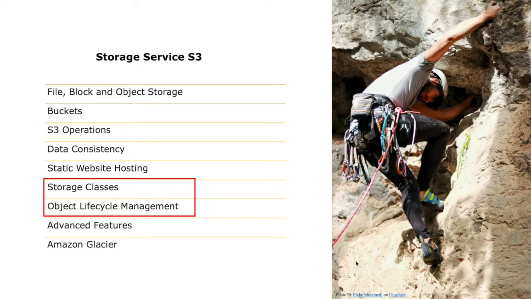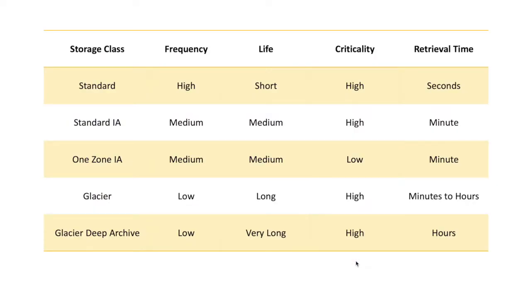So first thing, let's try to find out what those parameters are, or what those parameters could possibly be. So they thought, first is frequency. Frequency determines how often you want to access your data. Life tells you how long lived your data should stay in the storage. Criticality is just the importance of data, how important the data is for you.